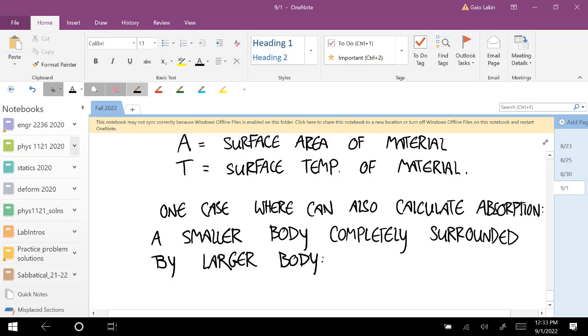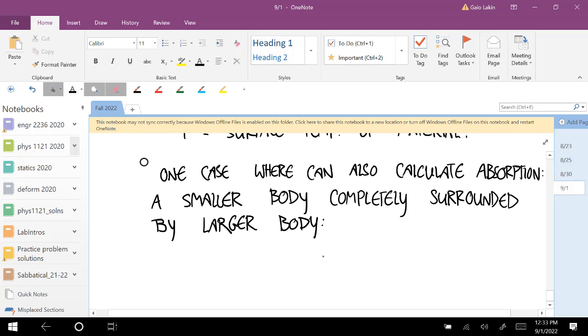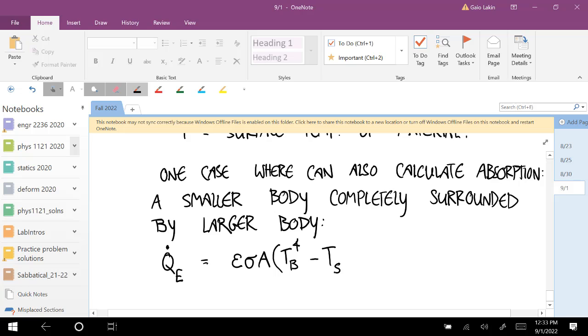In that case, we can use this equation that says the net Q emitted is equal to epsilon sigma A times the quantity temperature of the bigger body to the fourth. Sorry, that B isn't for body, it's for bigger. And the second one minus T of the smaller to the fourth.